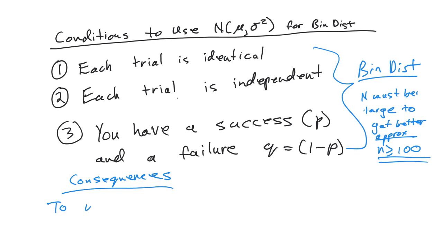To use the normal distribution, we need mu and sigma. Mu was our mean, remember? And sigma was our standard deviation.